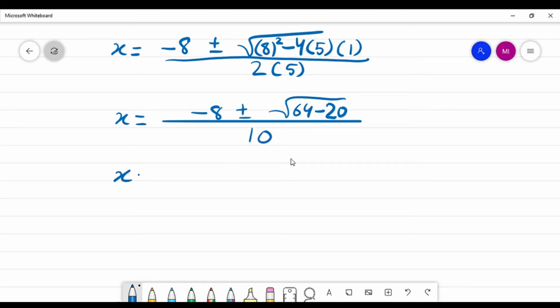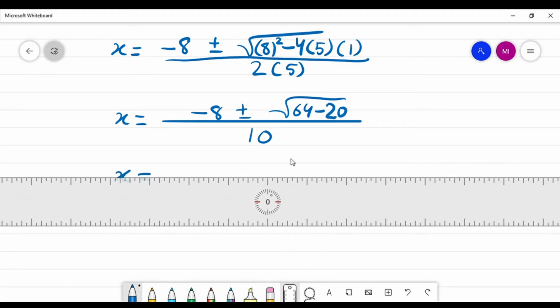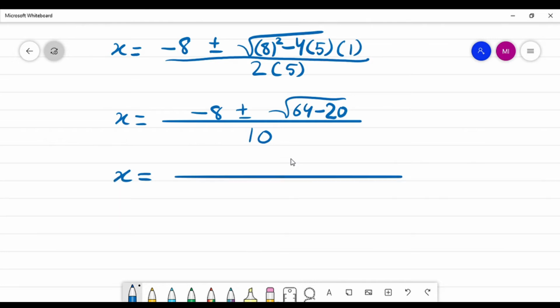So x is equal to negative 8 plus minus under root of 64 minus 20 is equal to 44. And we can simplify 44 into 2 into 2 into 11. And since there's a pair of 2, we can get one of those 2's out. We get 2 under root 11 divided by 10.